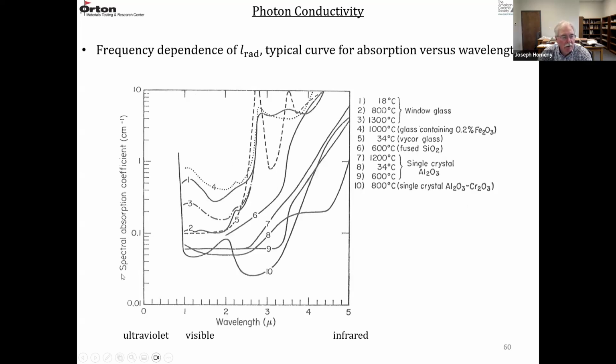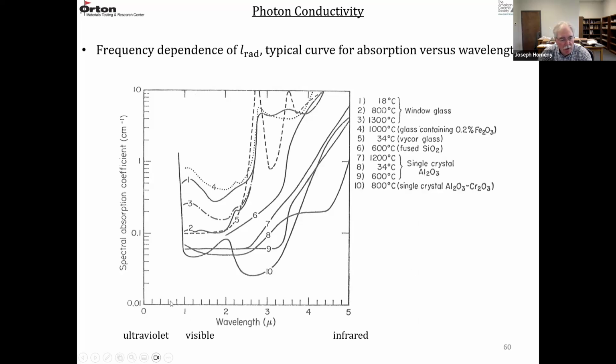If you plotted absorption versus wavelength for different transparent materials, you would have window glass, a glass doped with a little iron oxide, Vicor glass, fused silica, and a couple of single crystals, alumina and alumina doped with chrome.